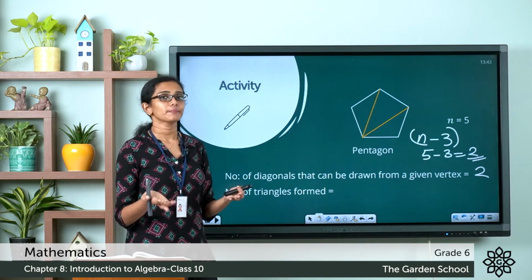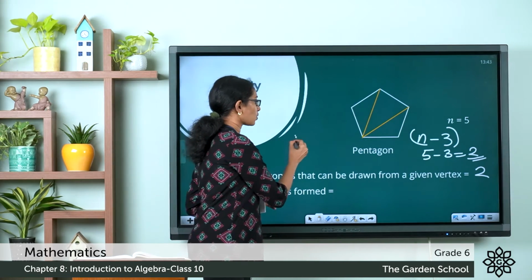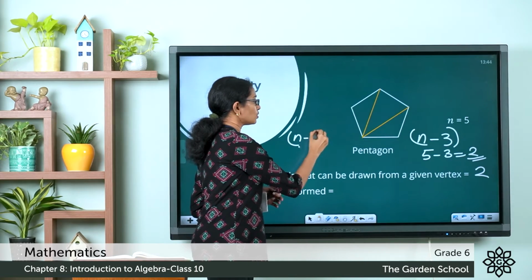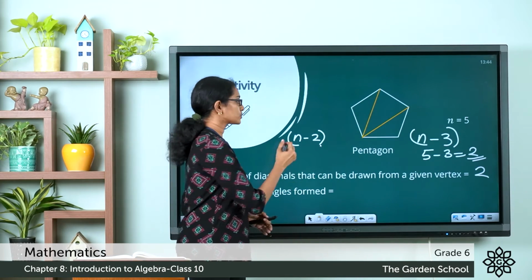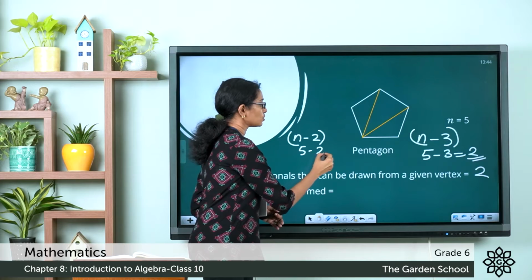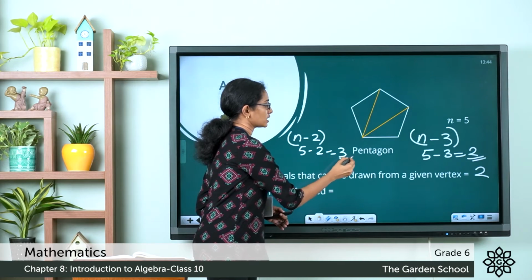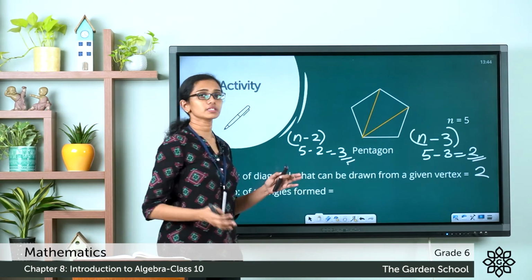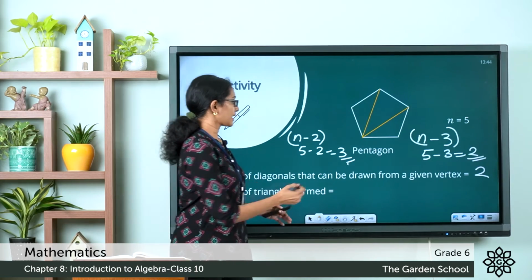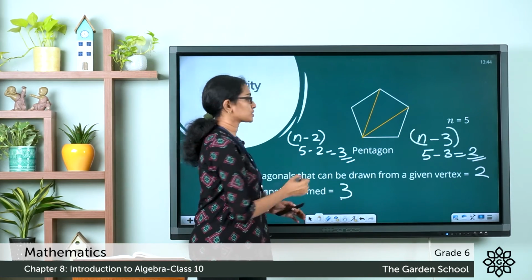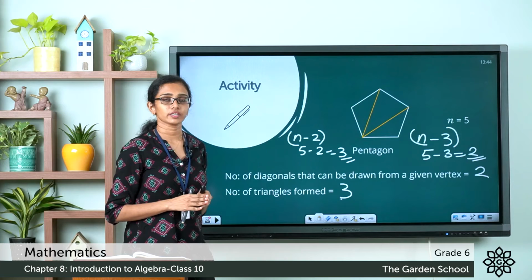That was n minus 2. Let's see if this holds true. n minus 2. Here n is equal to 5, so it becomes 5 minus 2, which is equal to 3. The number of triangles formed is equal to 3 and hence this expression holds true in the case of this polygon also.